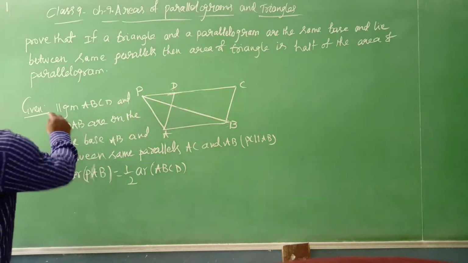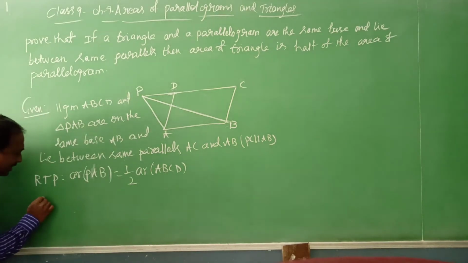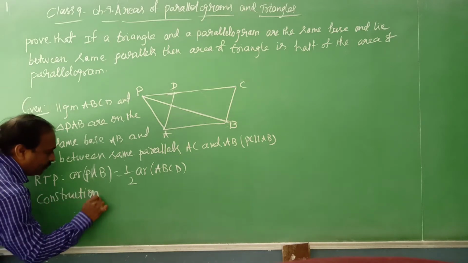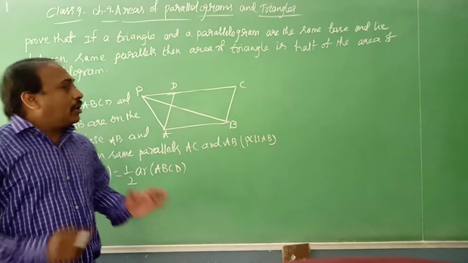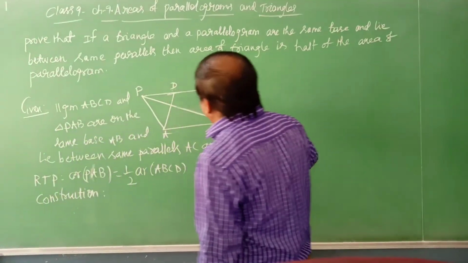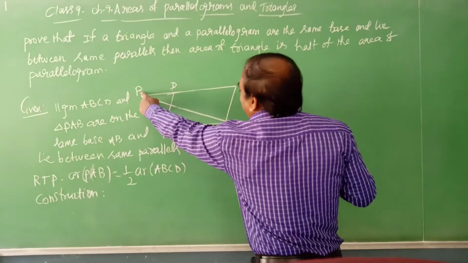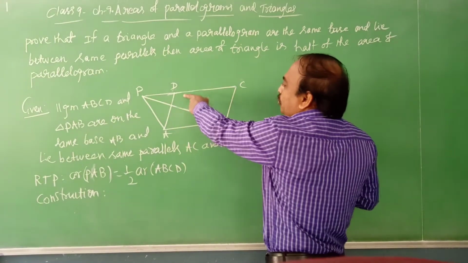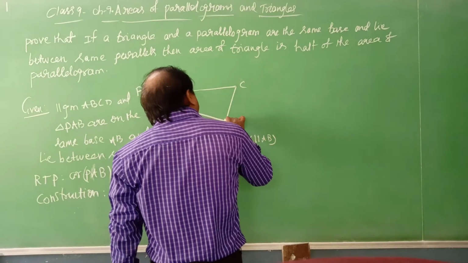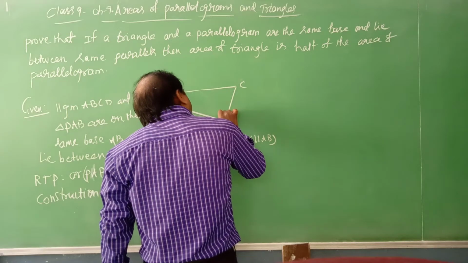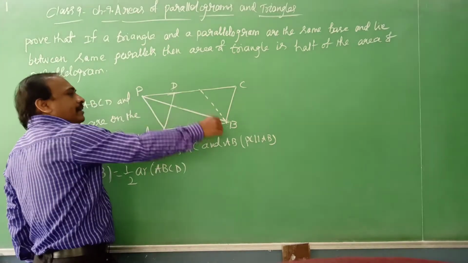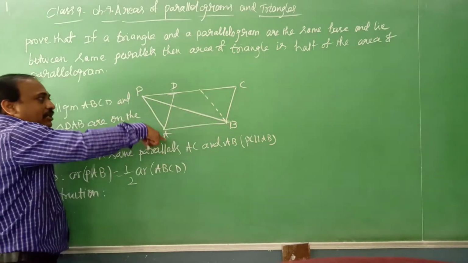For this proof, we require some construction. What is the construction? Draw a parallel line. We construct a line parallel to PA through B to meet PC at some point. Observe it: through B, draw a line parallel to PA.